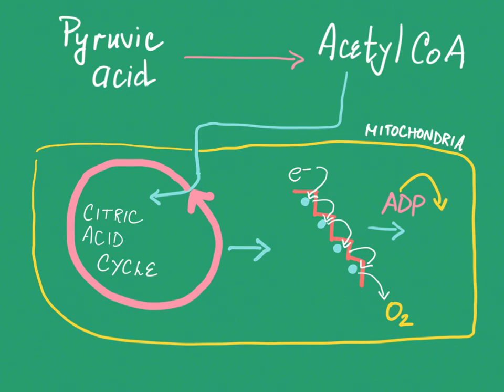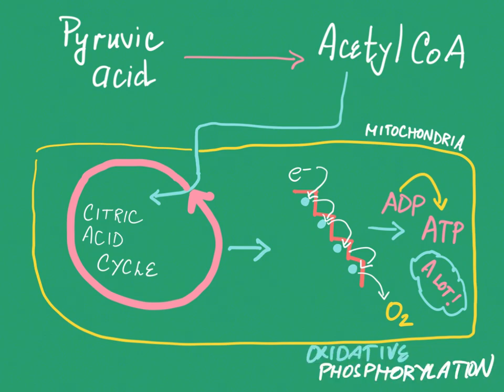A lot of ATP molecules are made in this reaction. In fact, the majority of ATP is made in this last stage, which is called oxidative phosphorylation. And remember, all of these reactions inside the mitochondria are aerobic reactions.